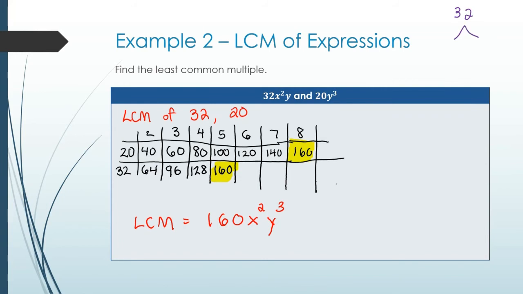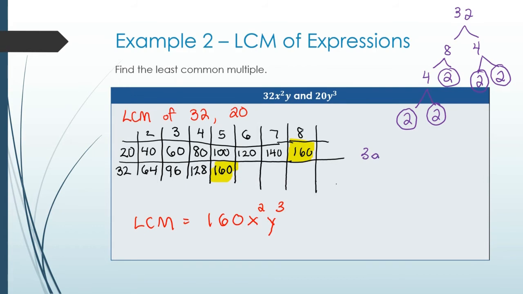So 32, I can split that up as 8 times 4. And 8 I can split up as 4 times 2. And 2 is prime, so I can circle that. And then 4 I can split as 2 times 2, so I'm going to circle those. And then I have this other 4 that I can split up as 2 times 2.